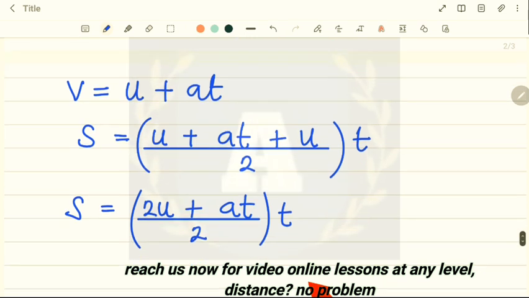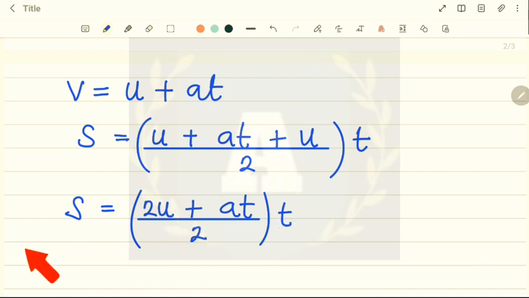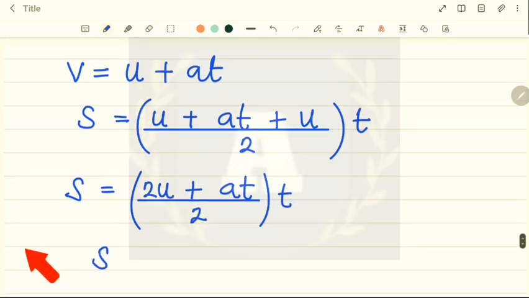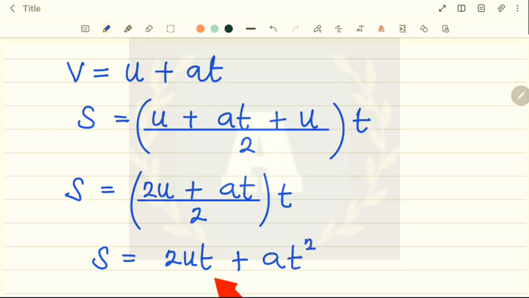Now we can multiply what we have in the bracket with the t outside, so that s will be equal to 2ut plus at squared, all over 2.